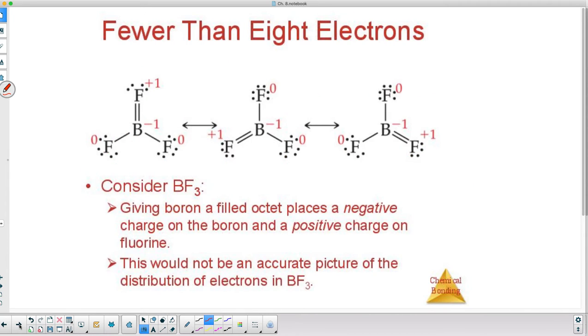How about BF3? It makes sense that boron has 3 valence electrons, and because it has 3 valence electrons, each one bonds with a fluorine single electron. Now look what they've done here. They've made this more complicated than it needs to be.